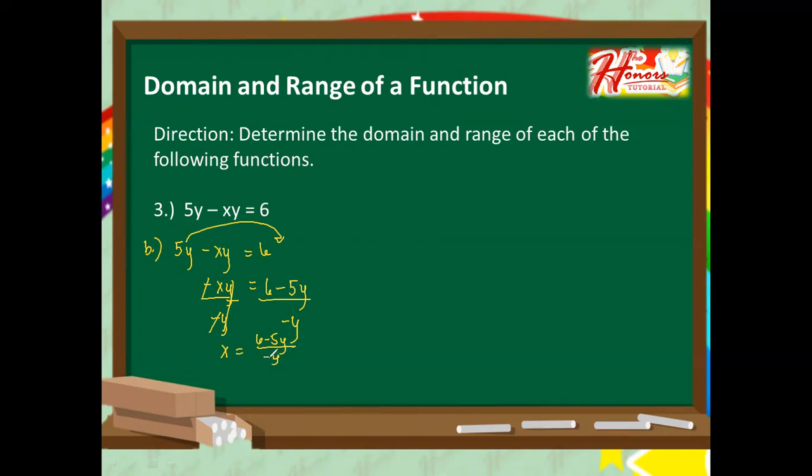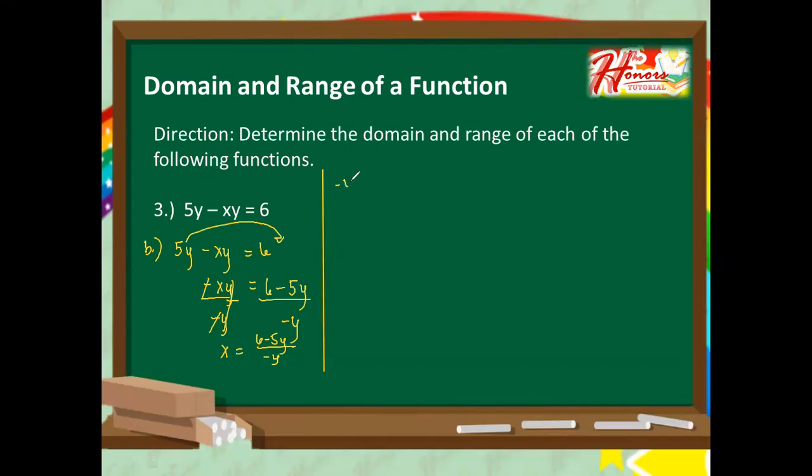Again, we have here a fraction and a variable in our denominator. So therefore, we should find out or look for the numbers that will make our equation be undefined. So therefore, let's equate this negative y to 0 for us to find our restrictions.